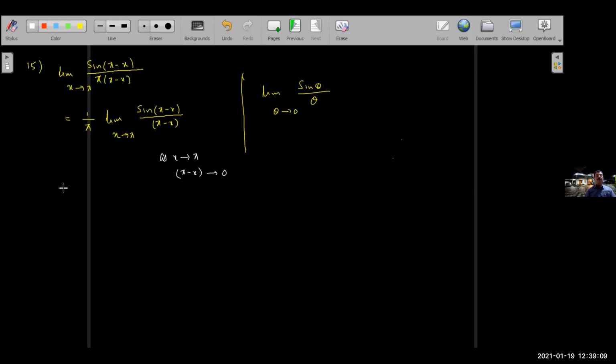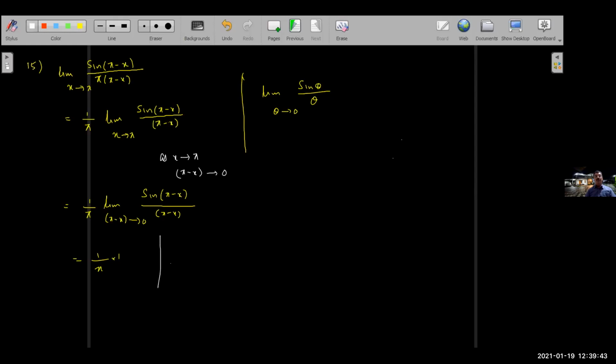It tends to 0. So this can be rewritten as 1 by pi, limit pi minus x tends to 0, sine of pi minus x, the whole by pi minus x, which is 1 by pi into 1. Why is it 1?